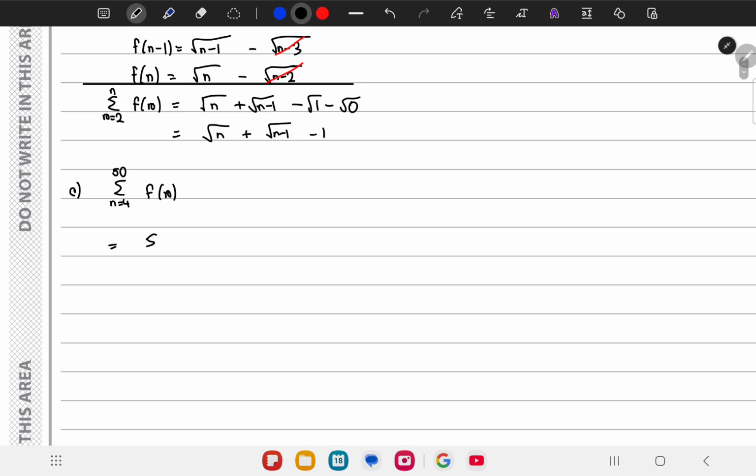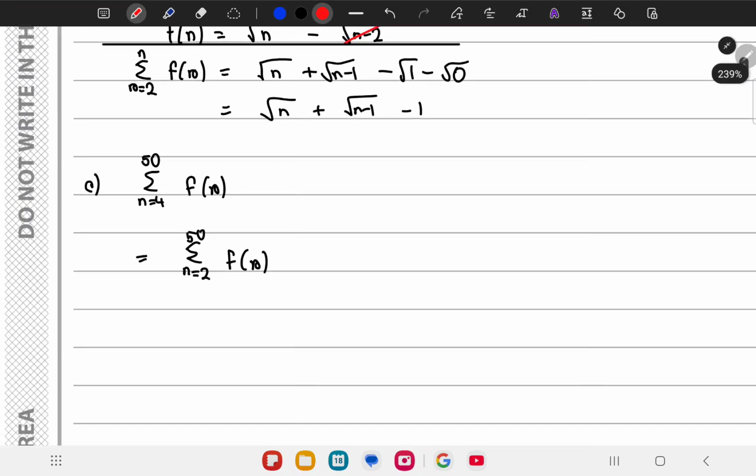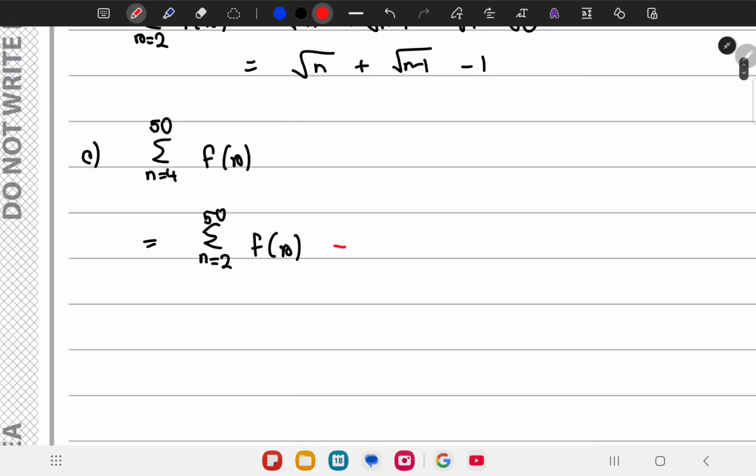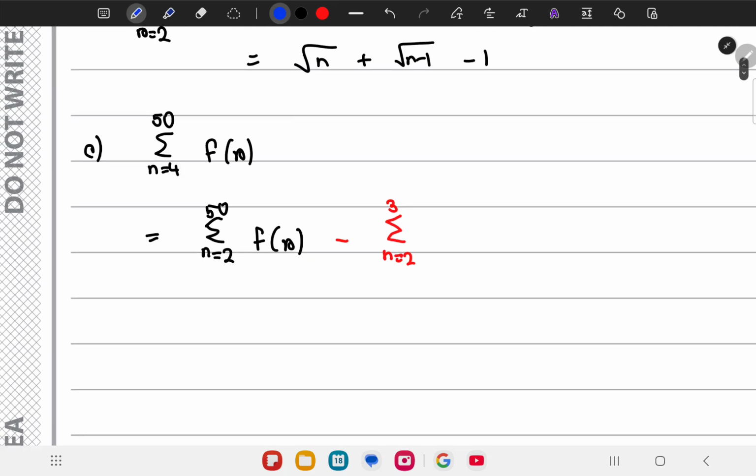Then we have to write this as the summation from r equals 2 to 50 of f of r. But now I have taken 2 extra terms that shouldn't have been here. So we'll have to subtract them. And we'll subtract the summation from r equals 2 to 3. Since the 4th term will be included over here, so this is r equals 2, r equals 3, r equals 4.